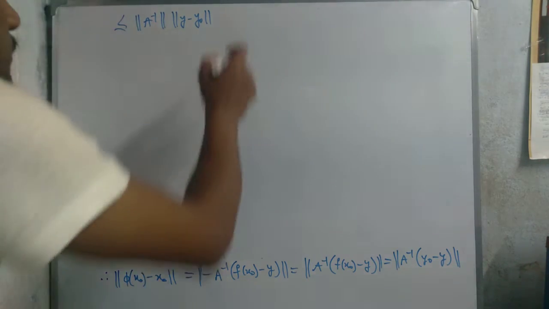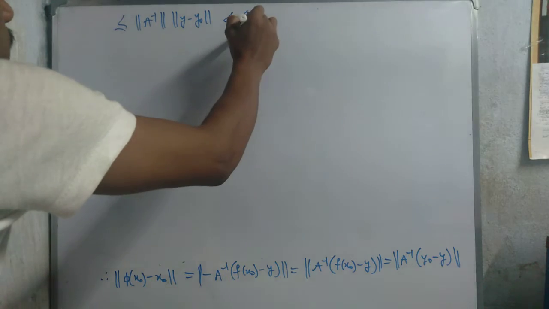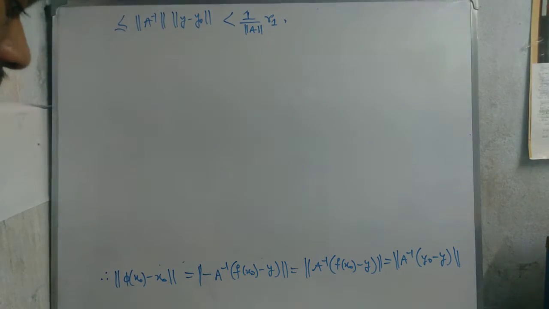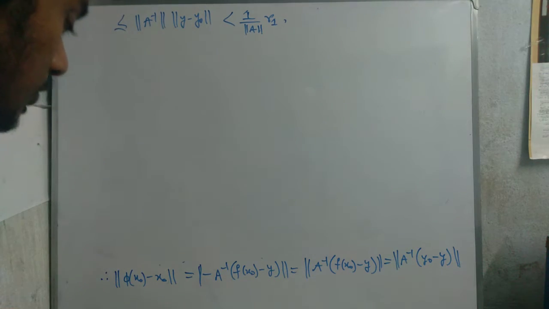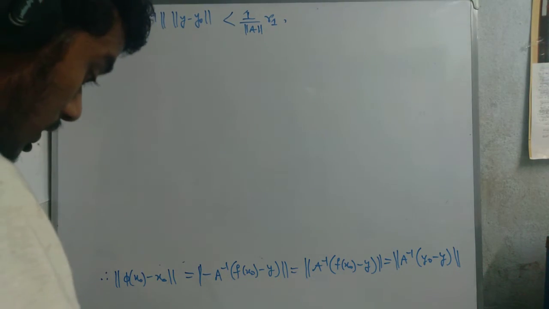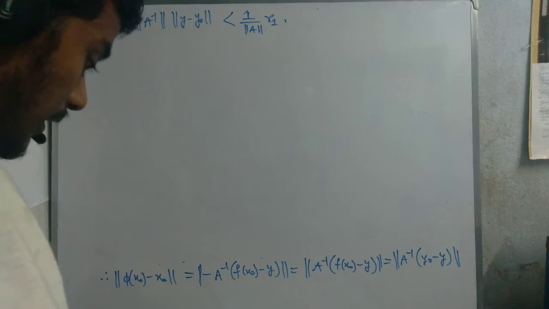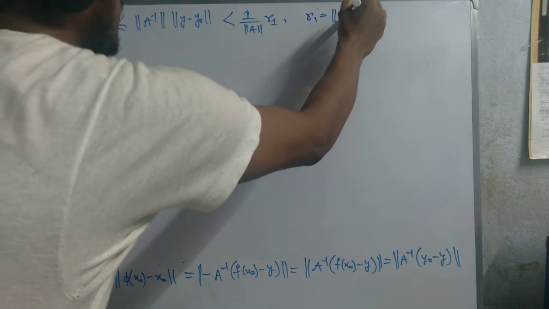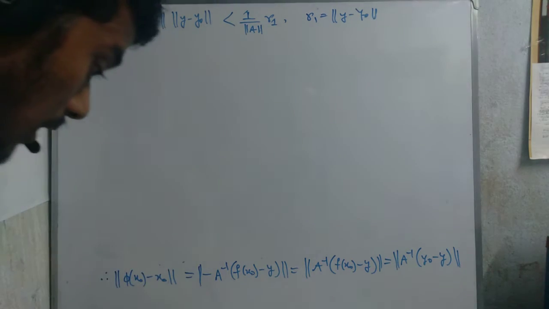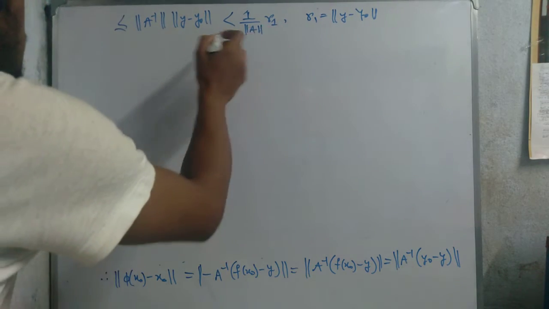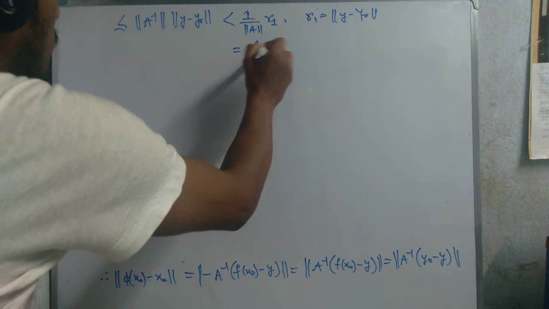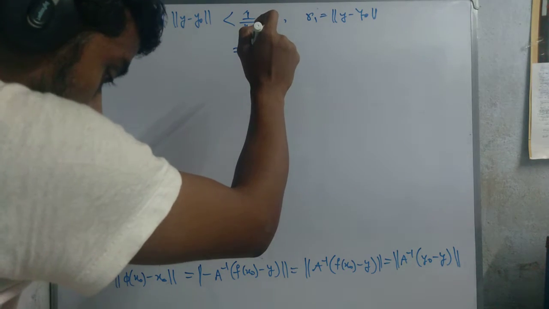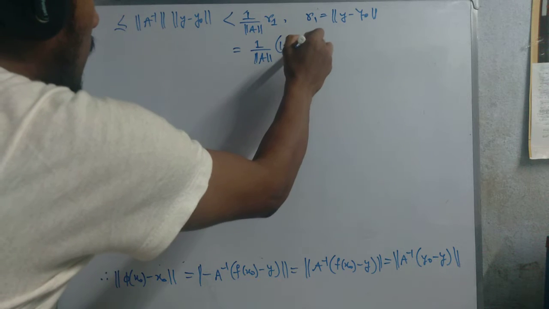The norm of this is less than or equal to 1 by norm A, and this we mark as r1. So r1 equals the norm of y minus y0, and now we mark it 1 by norm A. Here r1 equals (1 minus alpha) r.